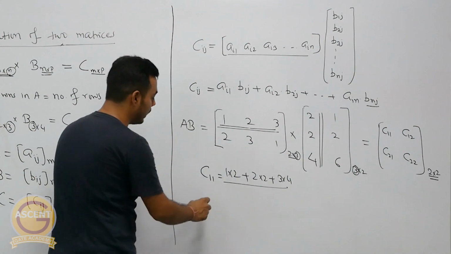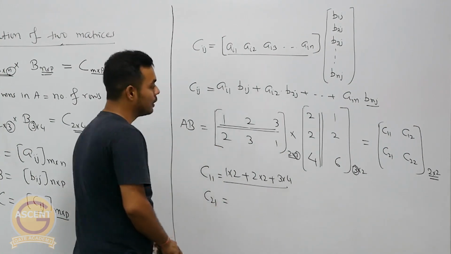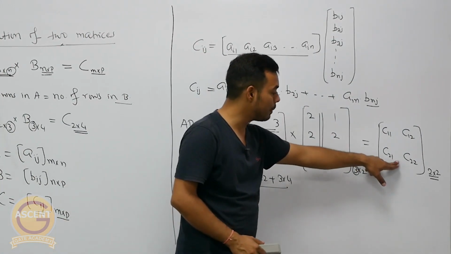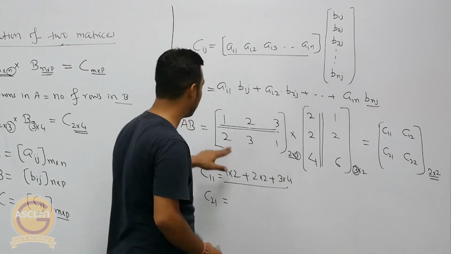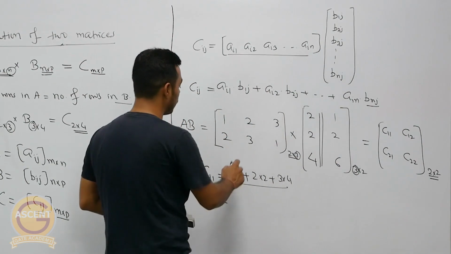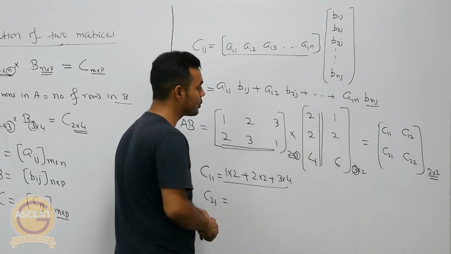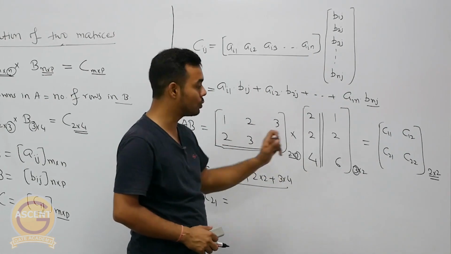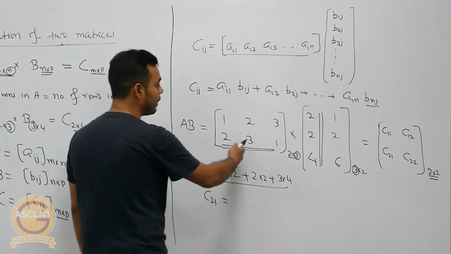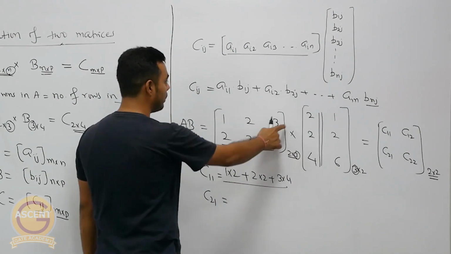Similarly, if I have to find the element C21, this element is in the second row, first column. So now you have to take the second row of matrix 1 and the first column of matrix 2. You take the row of the first matrix and the column of the second matrix, and then multiply and add.